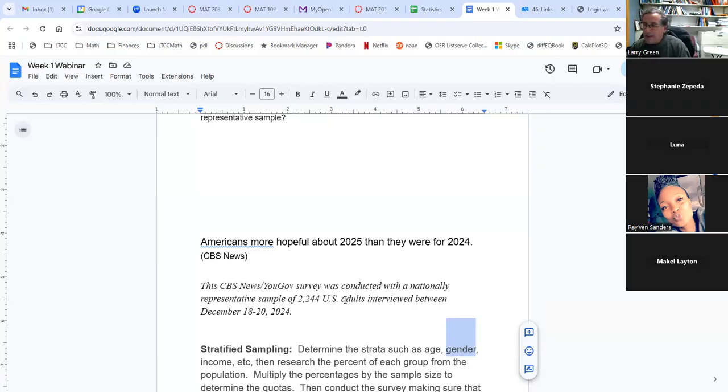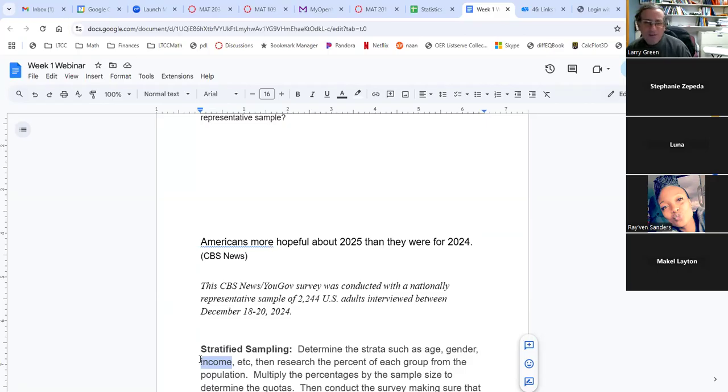Any questions on that idea? And then if you do that, then there is no bias based on gender because you made sure that you have the right proportions. Others could be income because that might have something to do with whether they're hopeful about 2025. Depends on how much money they make.